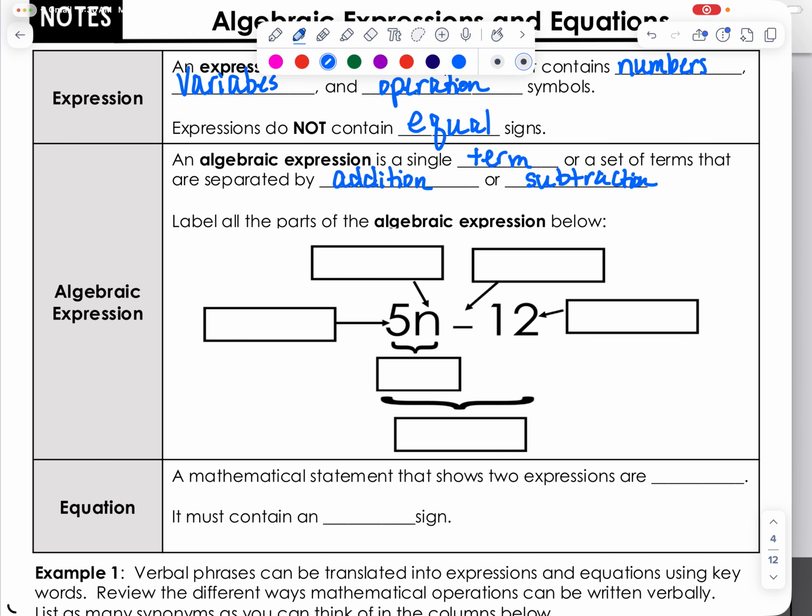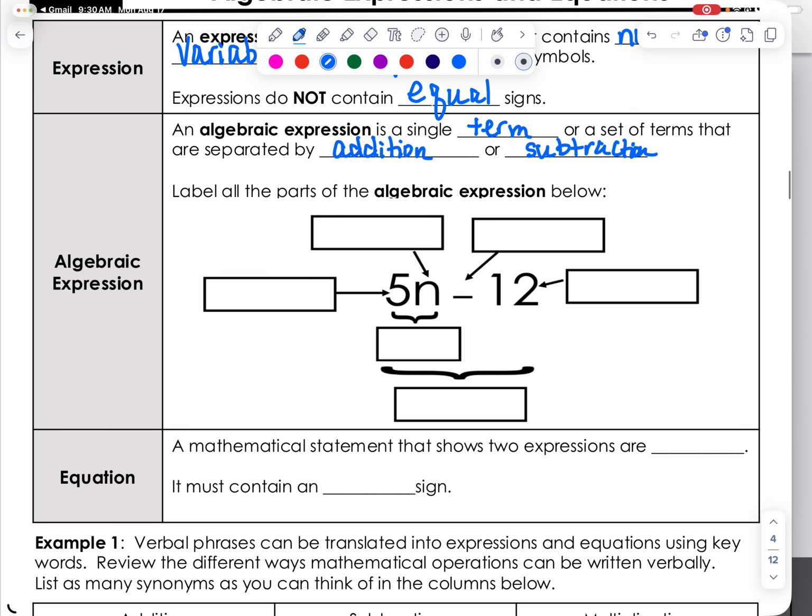Now, as an example, we have an algebraic expression shown below, and that expression is 5n minus 12. What they want us to do here is label all the parts of this algebraic expression. So let's start with the 5.